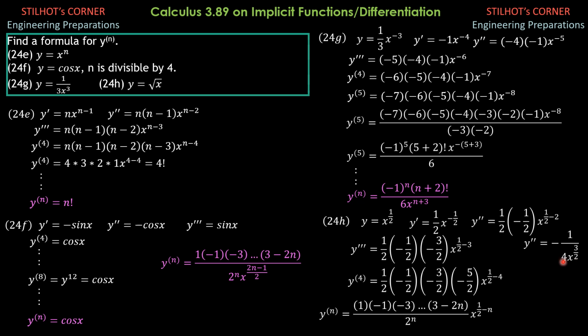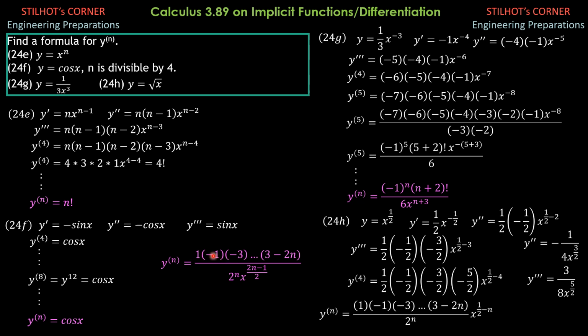Then y triple prime is positive 3 over 8x to the 5 halves. So y triple prime is 3 over 8x to the 5 halves. So let's check. So n is 3, so meaning these are the factors in the numerator.